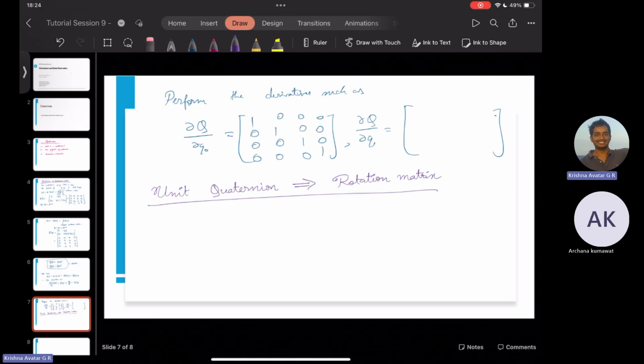As we recall, the unit quaternions are essentially quaternions whose norm is 1.